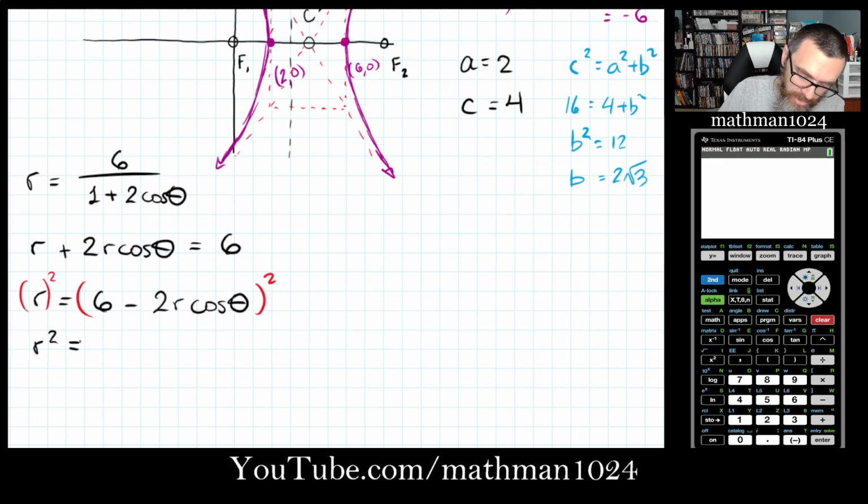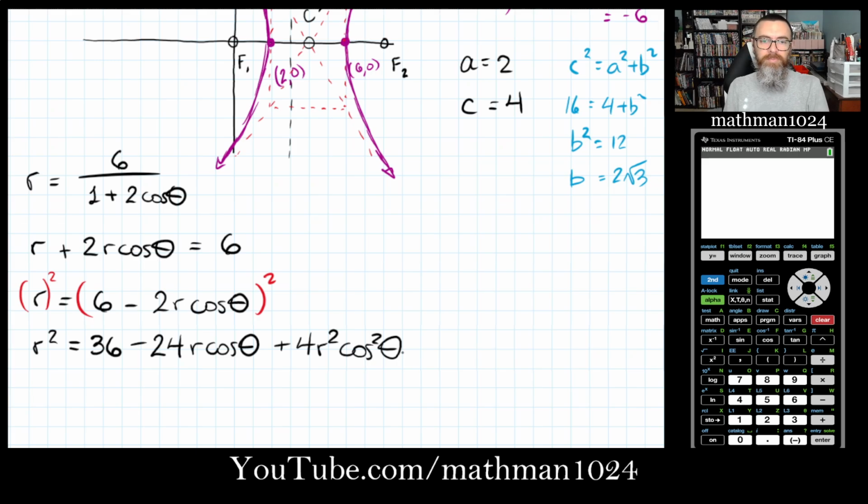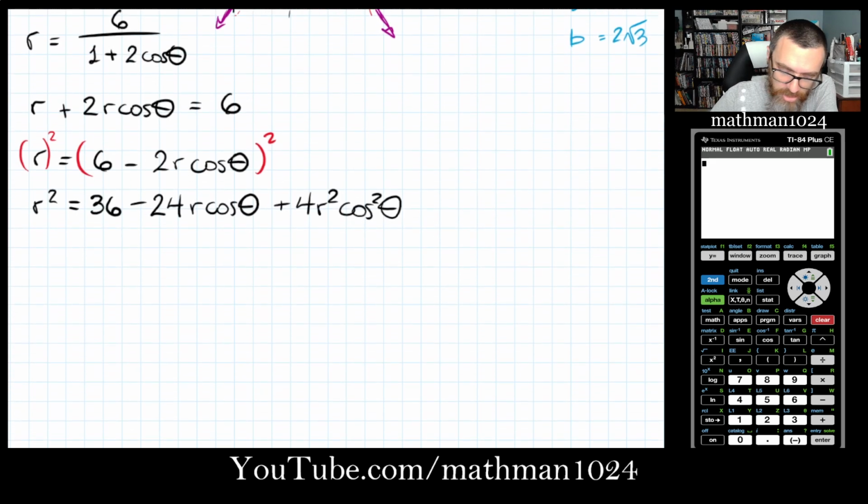So we get r squared, which can nicely convert because we know what r squared is equal to. When I square this binomial, I end up with 36 minus, so 6 times 2 is 12, times 2 is 24, r cosine theta, and then plus 4 r squared cosine squared theta. All right, and now we make our conversions from polar to rectangular.